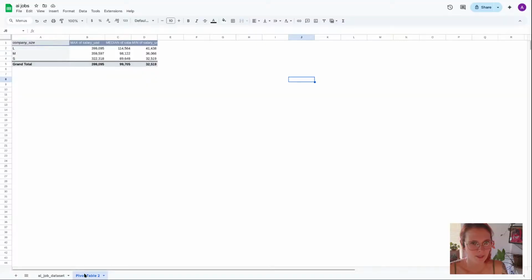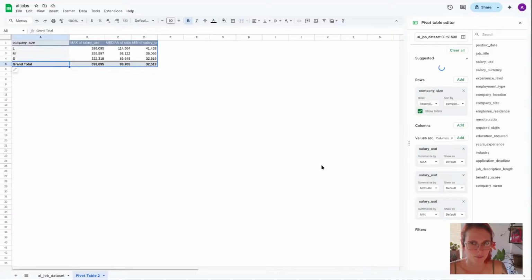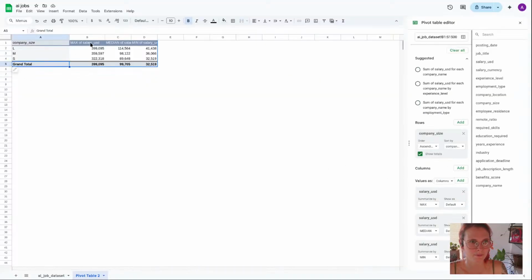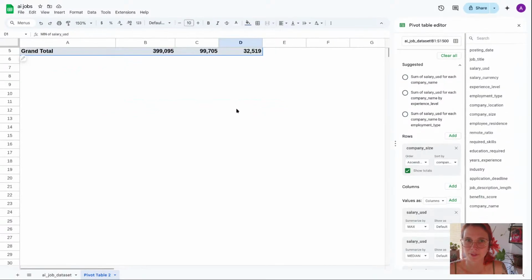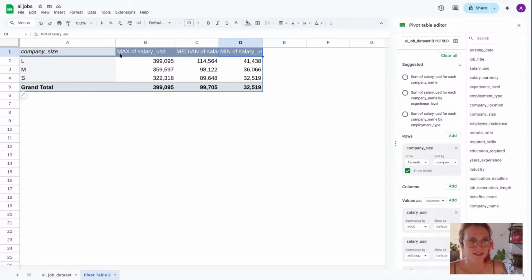So I made a little pivot table here with the max, median, and minimal salary that you will get for various jobs. And I'll make this a tiny bit bigger so you can see. And okay, so the company size, if it's small, the median salary is also smaller than the large ones.